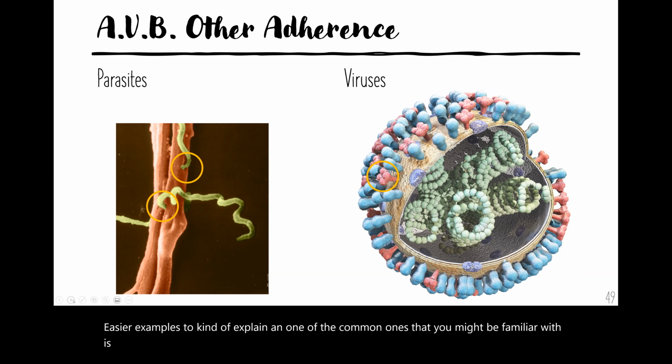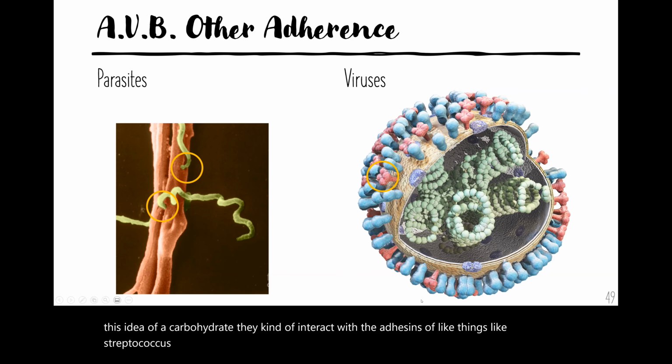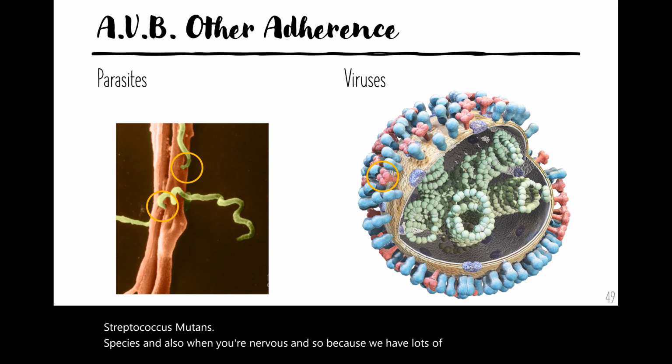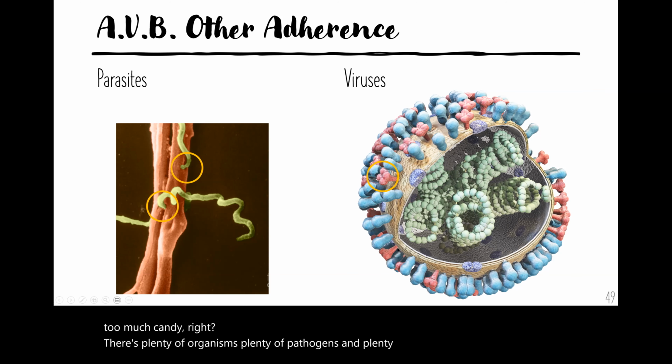The same plaque that forms on your teeth forms as a result of excess sugars, again a carbohydrate, that interacts with the adhesins of things like Streptococcus mutans, certain Actinomyces species, and also Veillonella. Because we have lots of sugary stuff sticking around our teeth, hence the whole idea of brushing your teeth as well as not eating too much candy, right? There are plenty of organisms, plenty of pathogens, that will love to stick to the sugars there.